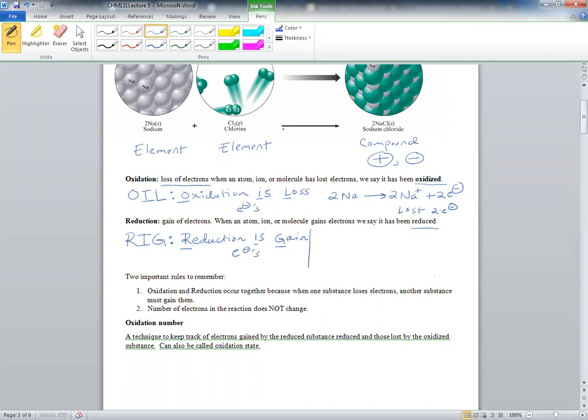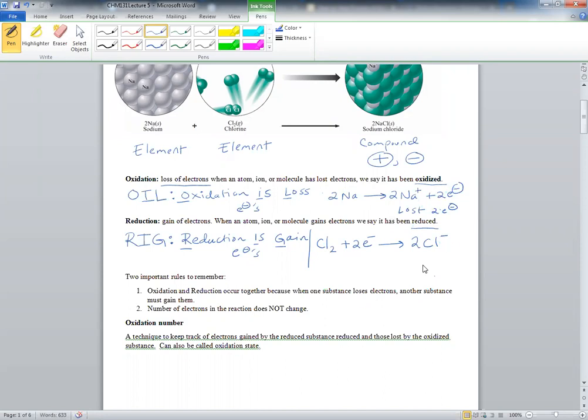So we take that Cl2, and now notice that one lost, so the other must gain. Those same two electrons, you add them to the chlorine, and you have two atoms, they become 2Cl minus.